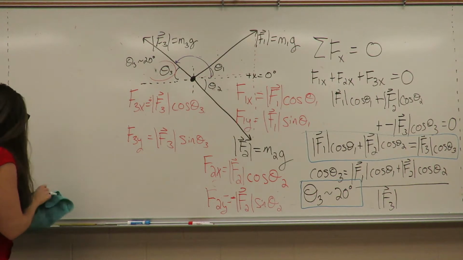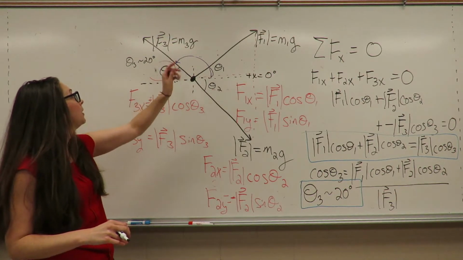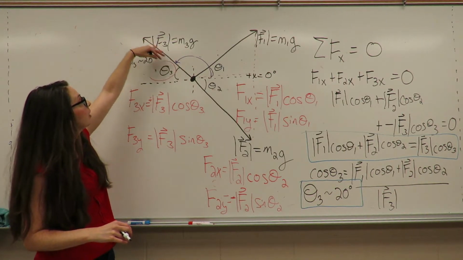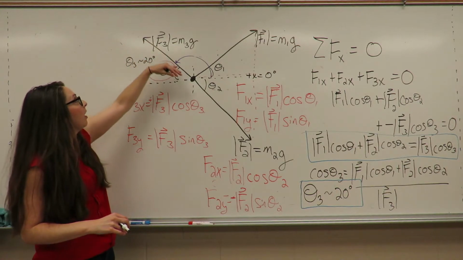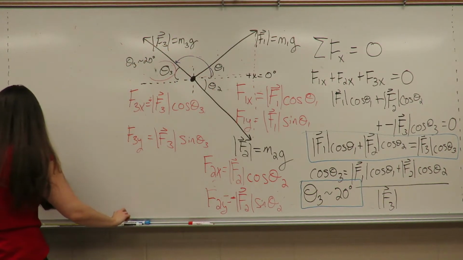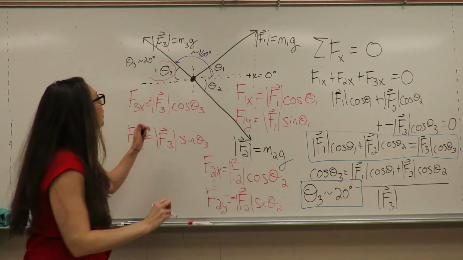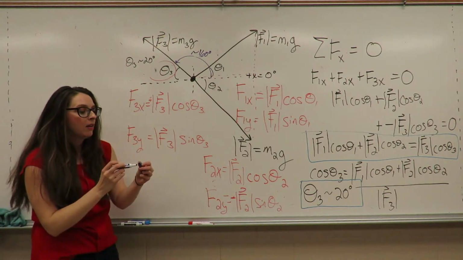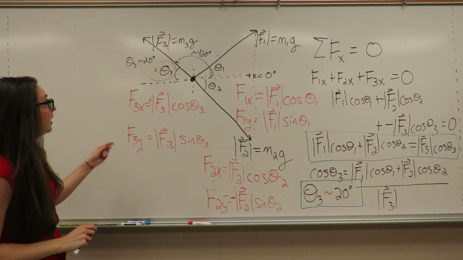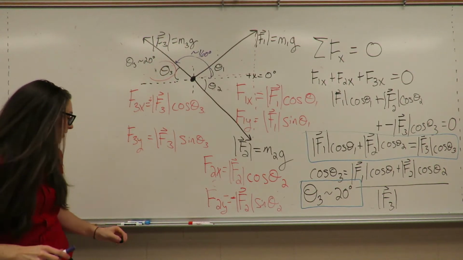And what you should have measured was an angle from the positive x-axis to the object that you're hanging off that we're considering to be mass 3. You should have found that angle to be about 160 degrees. And so 160 plus 20, that is 180. You go from the positive x-axis all the way over to the negative x-axis.